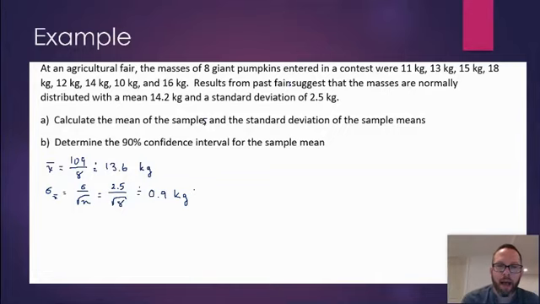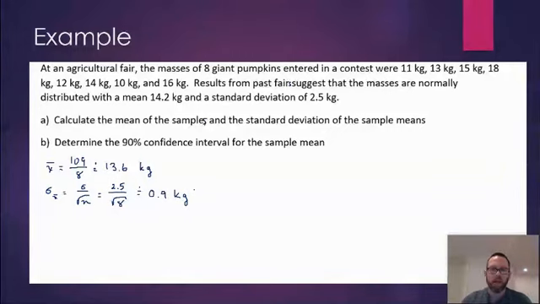So let's say we had these values for these pumpkins, and we wanted to say, how confident could we be that the masses of all these giant pumpkins are going to be, or what range of values can we be 90% sure that these masses fall between?